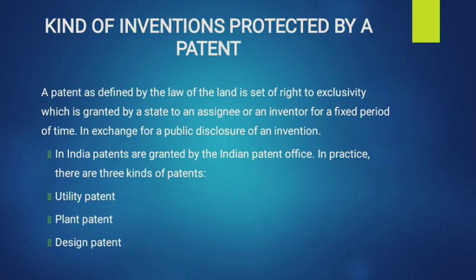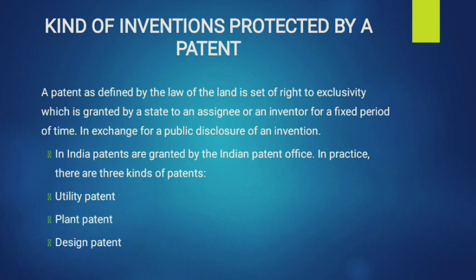In order to be granted a patent, a few things are of essence, such as usefulness, novelty, and non-obviousness. The right to exclusivity in the form of a patent prevents others from using your invention in order to obtain a profit. In India, patents are granted by the Indian Patent Office.